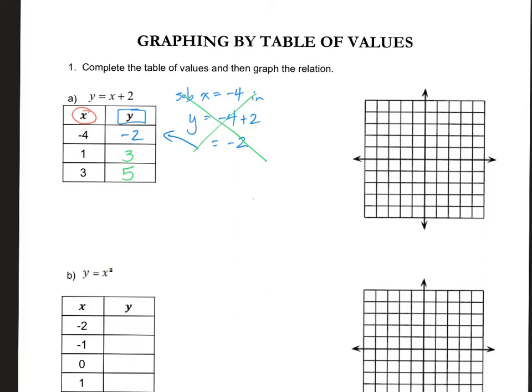Now we can jump ahead and go over onto our graph because we're now going to graph this relation. I now have a series of coordinates, of ordered pairs.